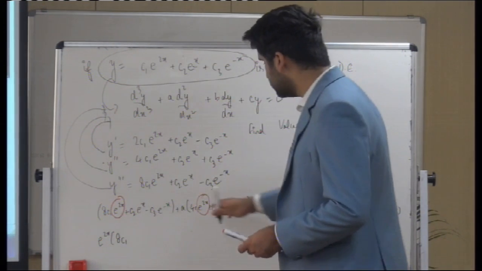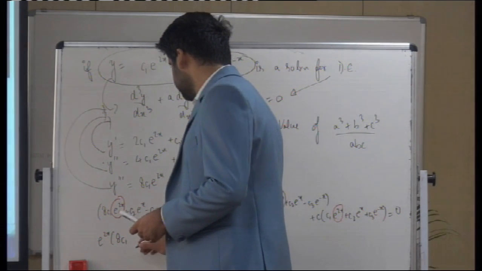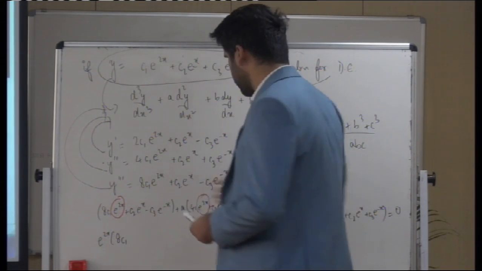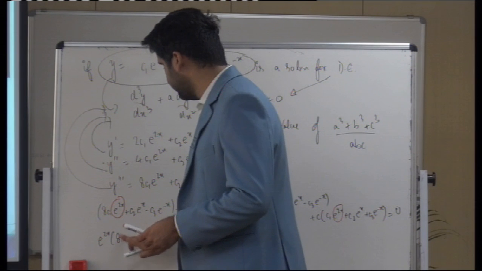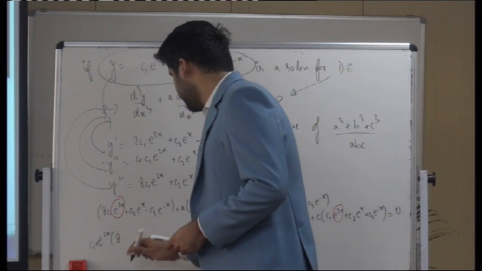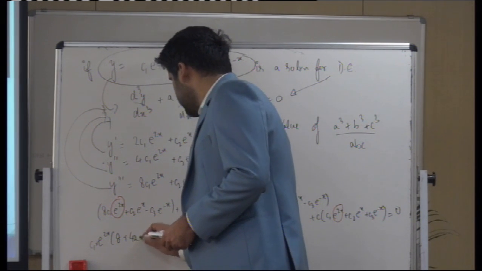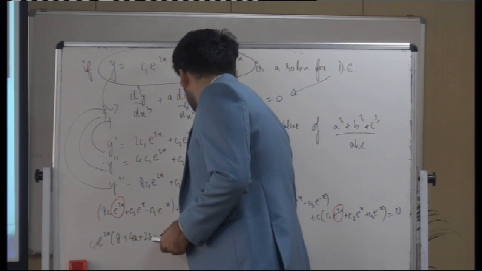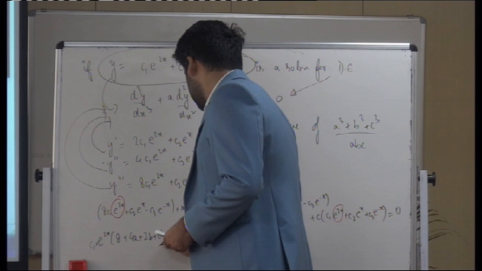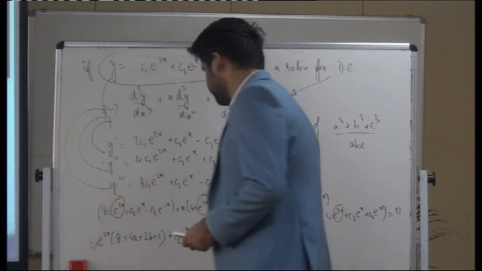So just write down that e to the power 2x. What are all the terms combined with e to the power 2x? 8c1. Let's take c1 also common, because that is also coming common. So c1 into e to the power 2x, we are getting 8 plus 4 times a plus 2 times b plus c, plus c2 e to the power x.